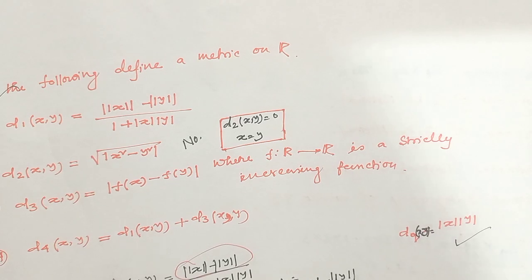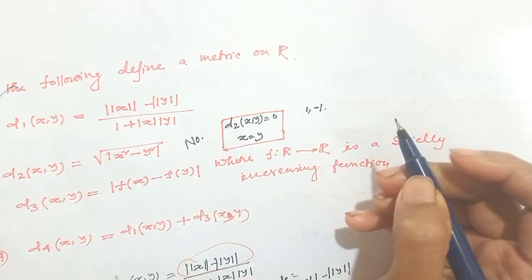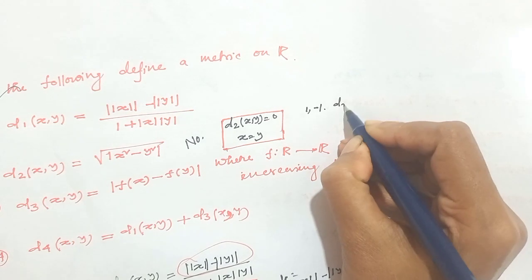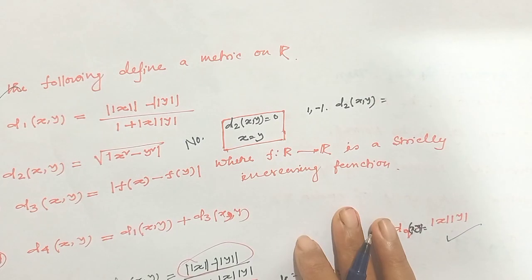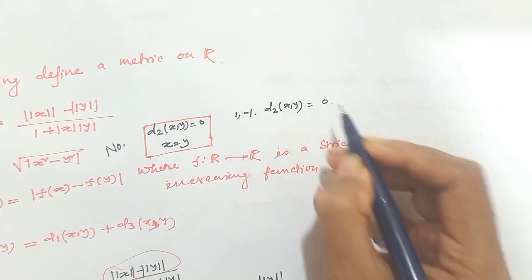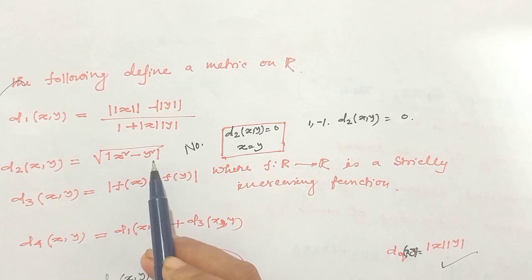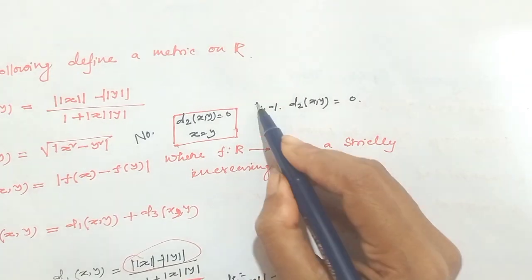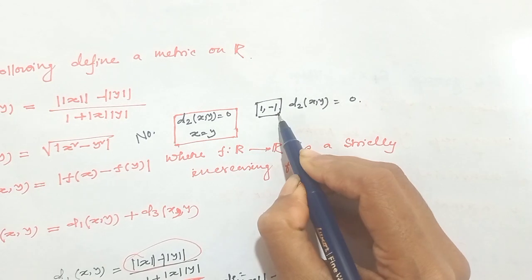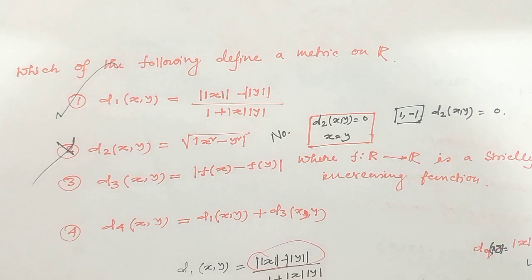If we consider 1 and minus 1, then obviously d2(x,y) would equal 0, because of the square root of |x² minus y²|. But notice here x is not equal to y. So option 2 is a wrong option.